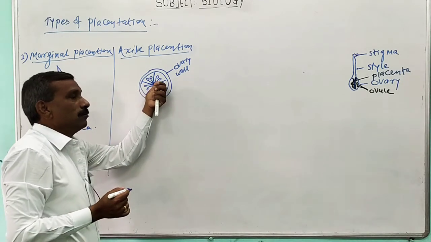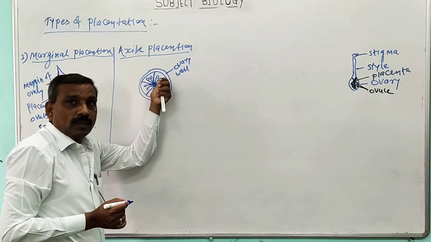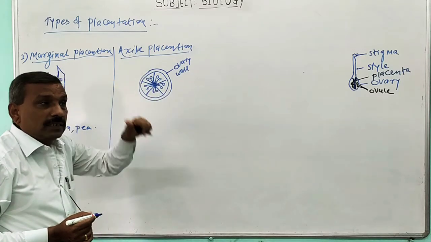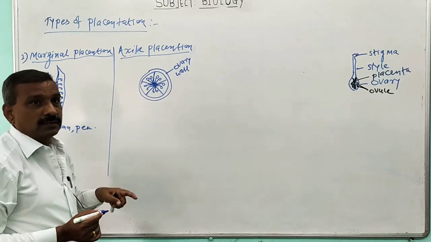Now when ovule develops from central axis of ovary, that placentation is known as axial placentation.